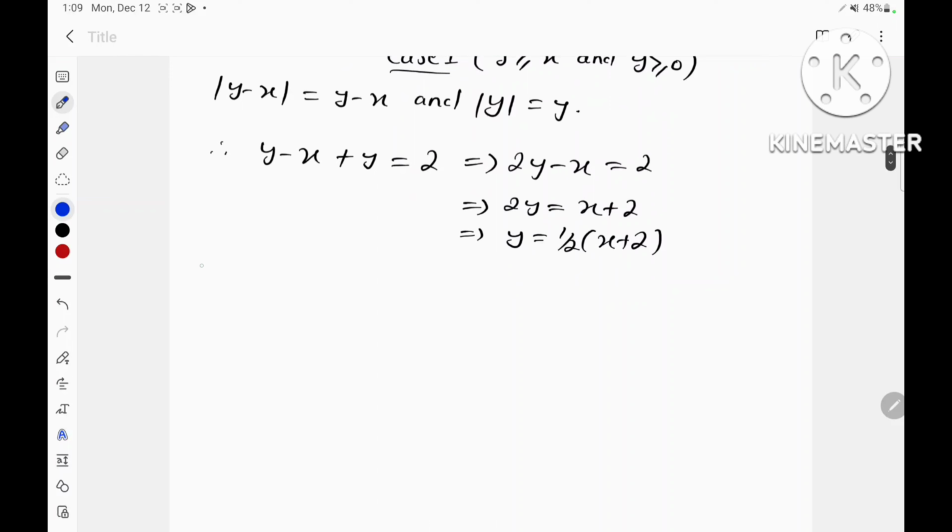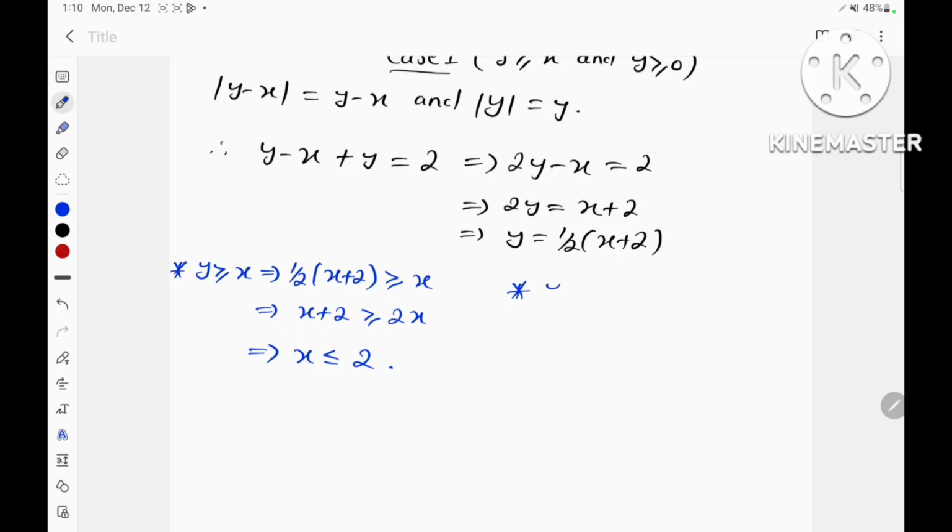But we know that y is greater than or equal to x. And so this implies that half into x plus 2 is greater than or equal to x, which implies that x plus 2 is greater than or equal to 2x, and that x is less than or equal to 2. We also know that y is greater than or equal to 0.